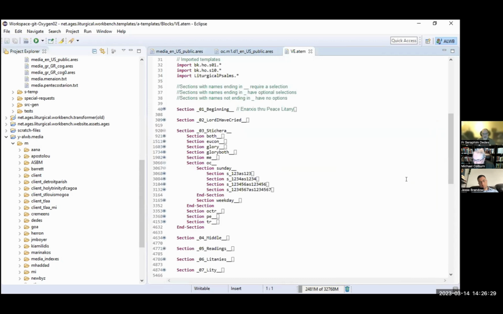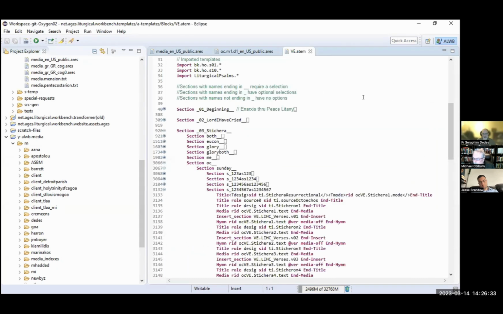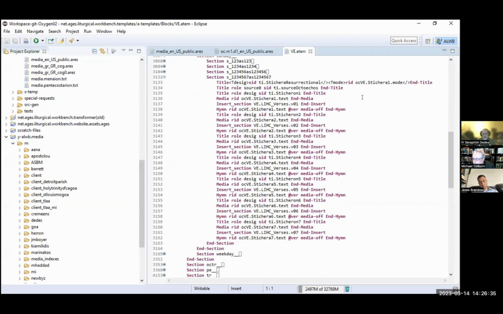And let's just say we wanted all of the resurrectional stichera. So here it is. So what we saw on the web page where it says, all right.